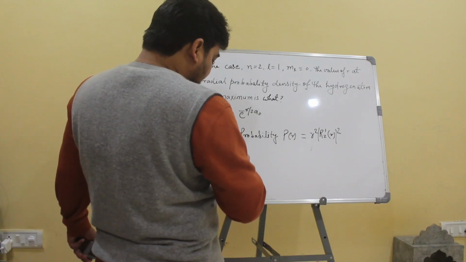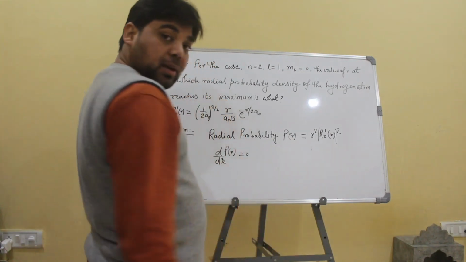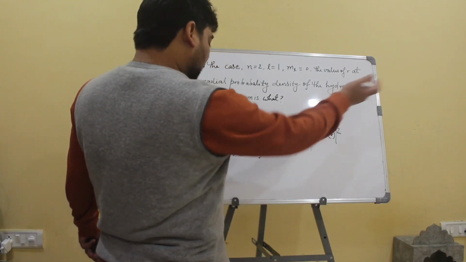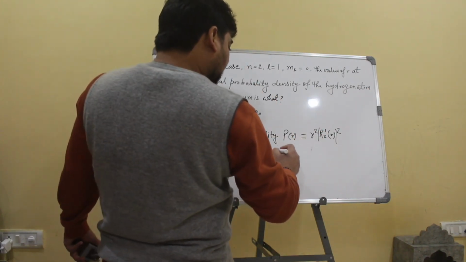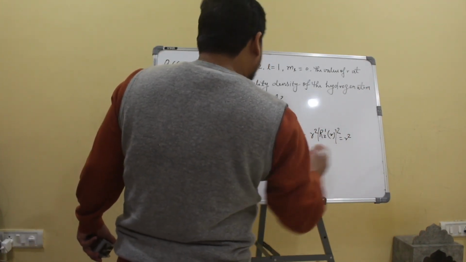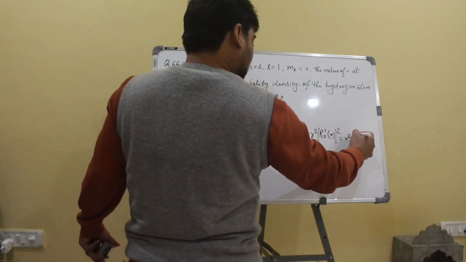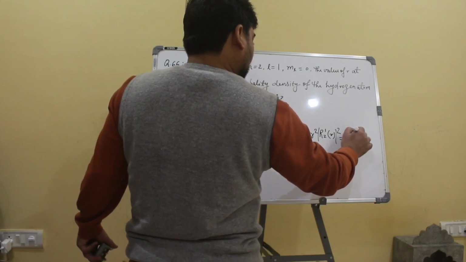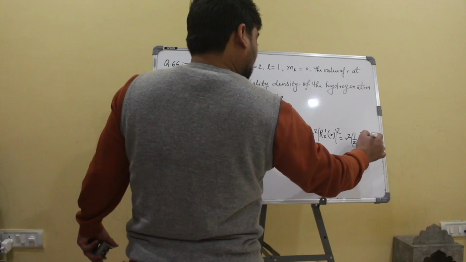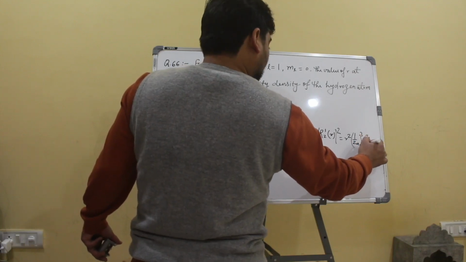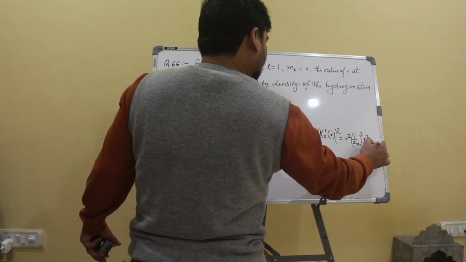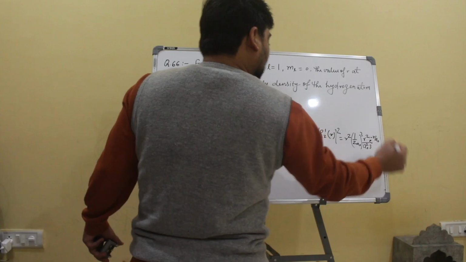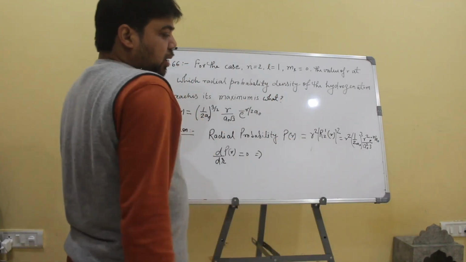So d/dr of P(r) equals 0. So just put r here, so it will be r square, and this is (1 upon 2 a0) whole cube, and r square by a0 square into 3 into exponential of minus r by a0, right? So just multiply.